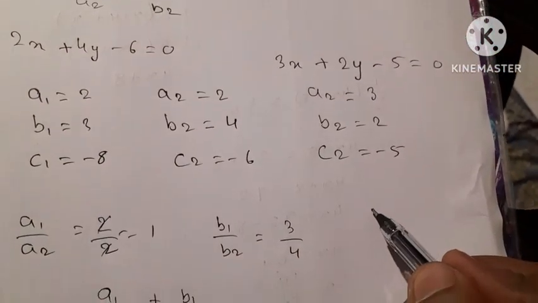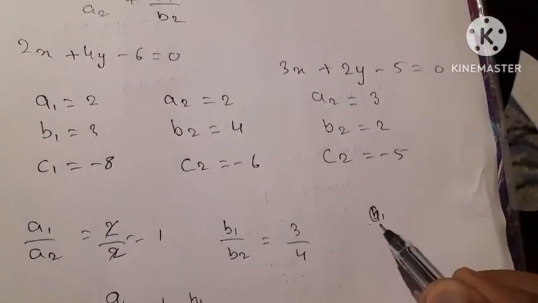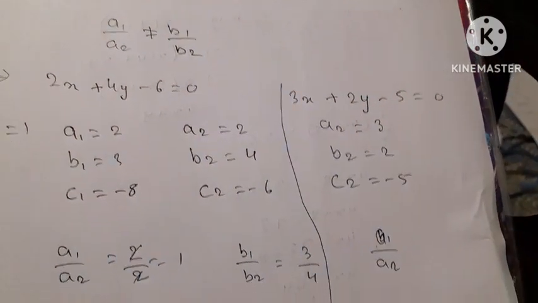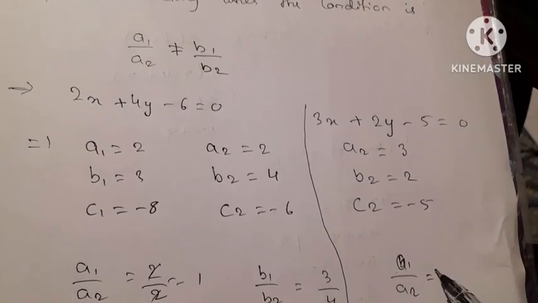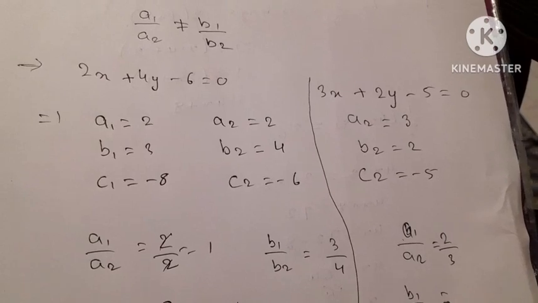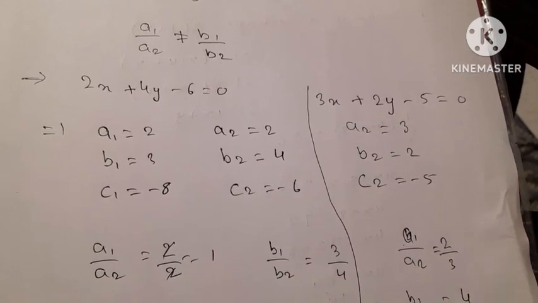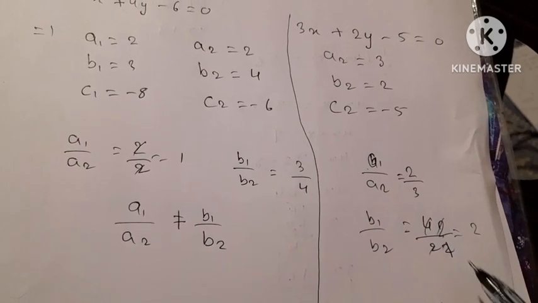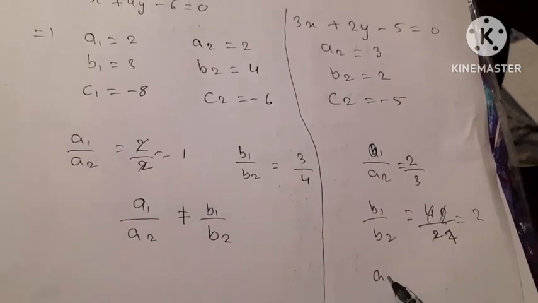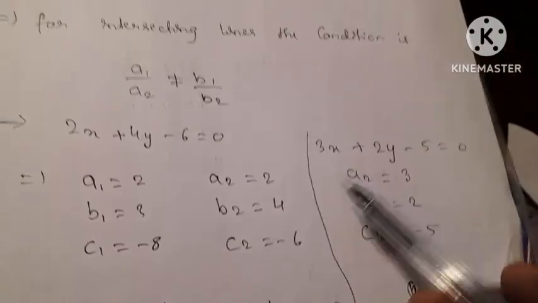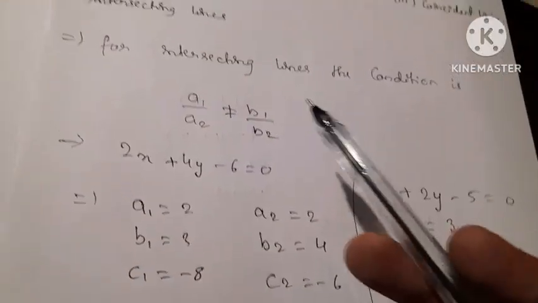So in that case, a1 by a2 will be 2 by 3, and b1 by b2 will be 3 by 2. So here also a1 by a2 is not equal to b1 by b2. So you can take even this equation. Any equation which satisfies this condition can be taken.